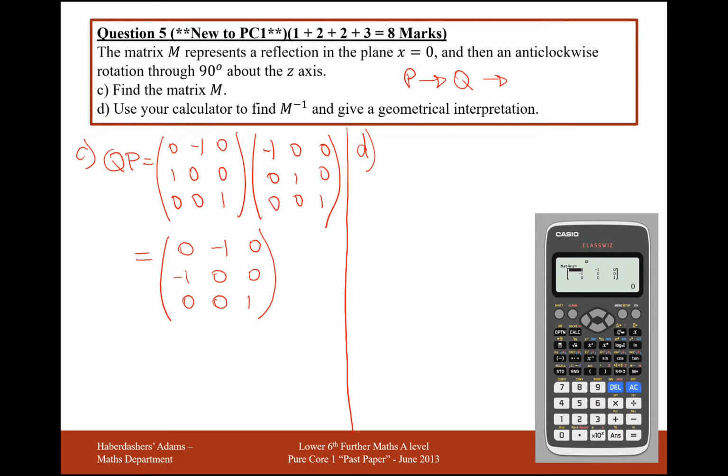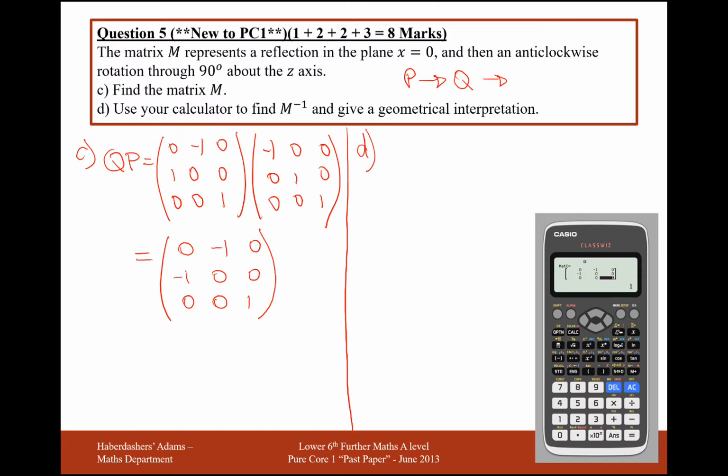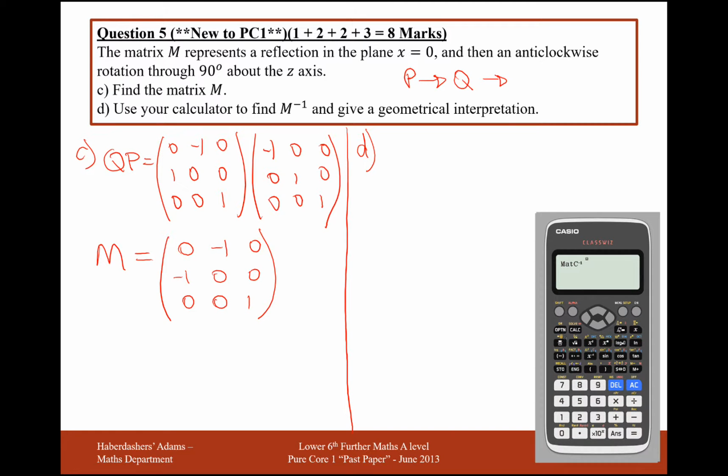Okay, part D: use your calculator to define M inverse and give a geometric interpretation of that matrix. So what I have to do here is go into my options button and define a new matrix, matrix C. That is this matrix here, this is M. And then recall the matrix C, inverse it by using the power of -1 button, and write down your answer.